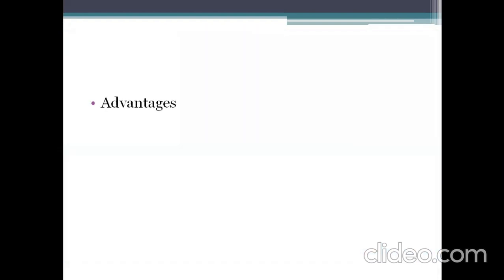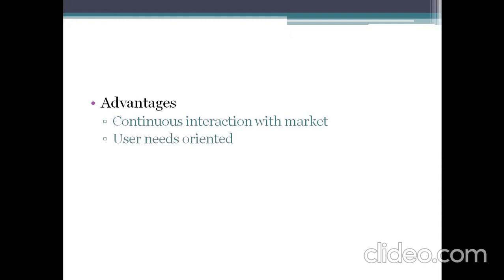That is how the advantages of flexible systems arise: continuous interaction with the market and user needs orientation. So easy customer adoption can happen, and customers can easily identify what sort of solutions you are offering and what sort of solutions are to be adopted by you.